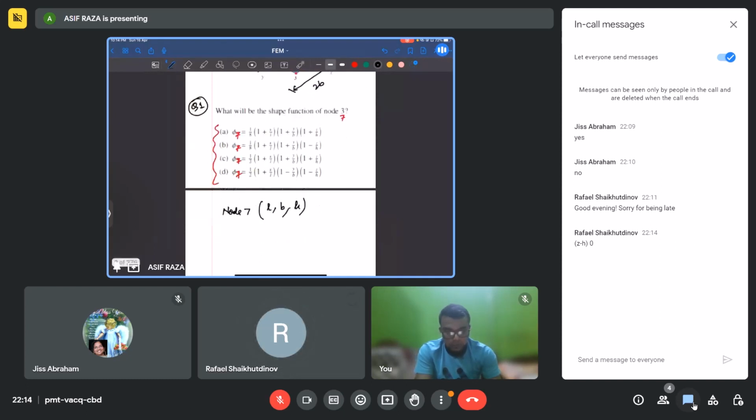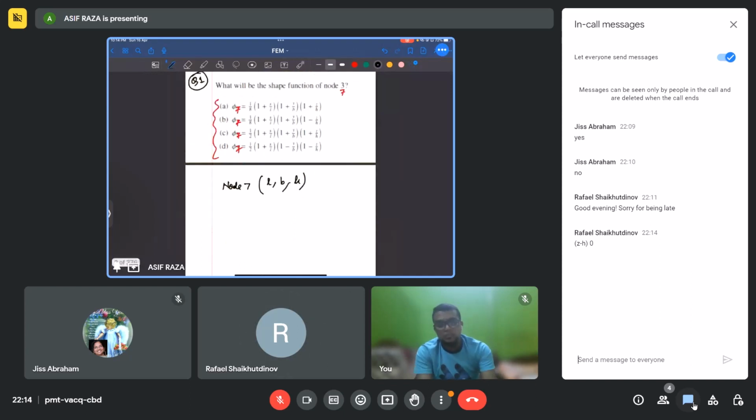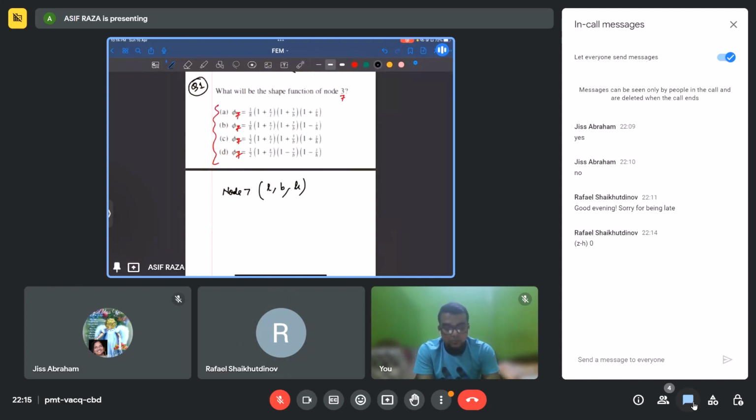Now, as we do normally, first we try to just substitute and see, using the elimination method, which option would be the correct answer. If we substitute L, comma B, comma H in all four options and see the answer: in the first option we get directly 1.